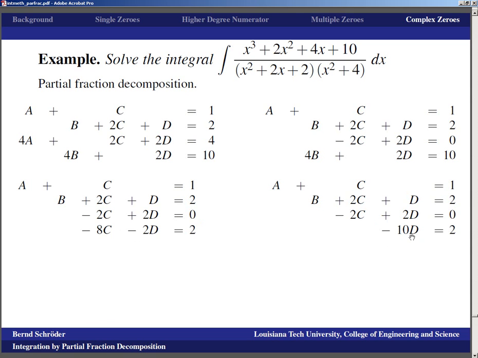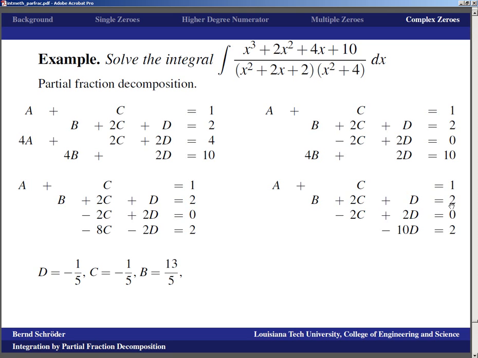And now we just do backward substitution, right? d is negative 1/5 because it's negative 2/10. We plug that in here, and that would give us that negative 2c is 2/5, so c should be negative 1/5 also. All right, got that. And then we have negative 2/5, negative 3/5, so that would be b equals 13/5.